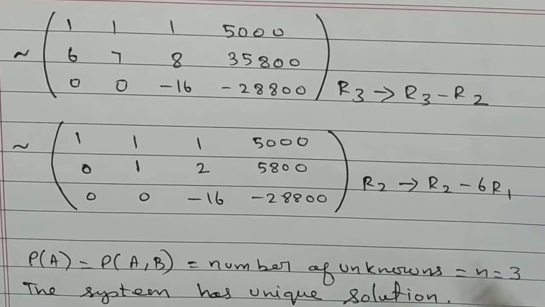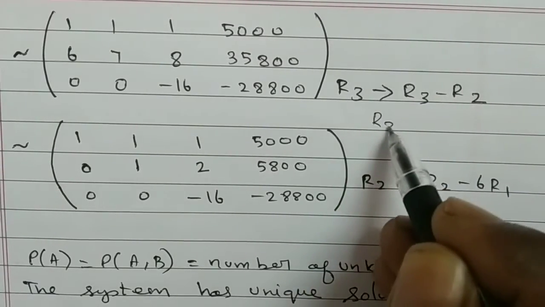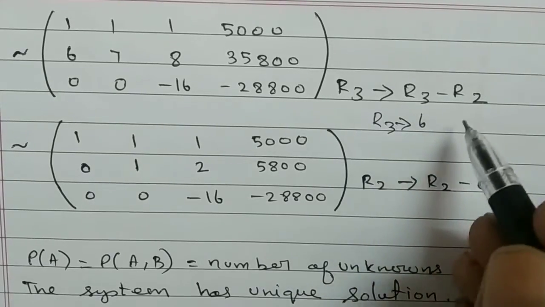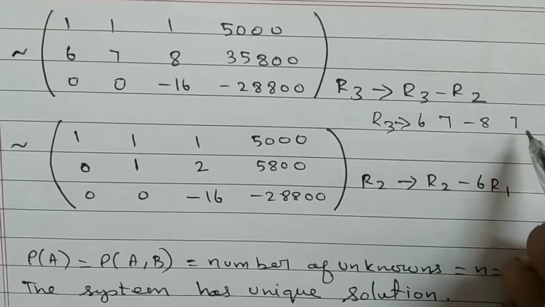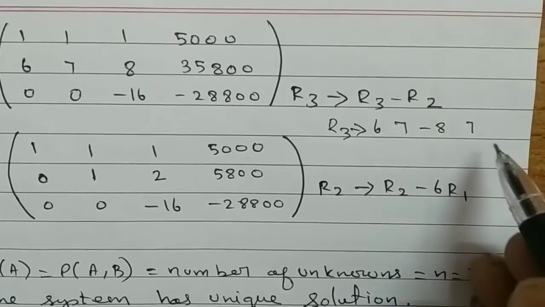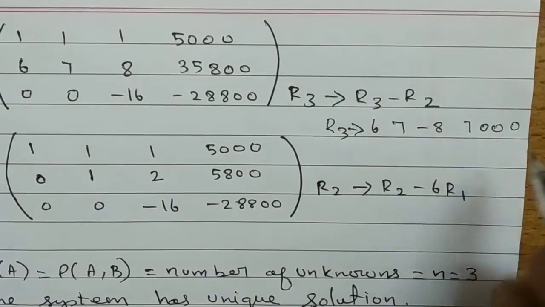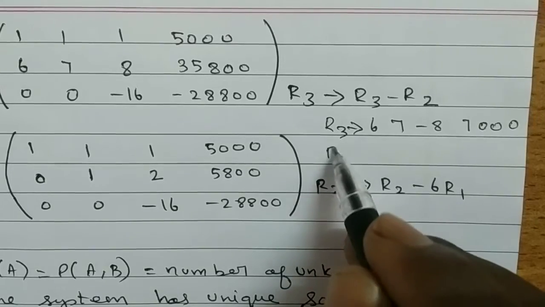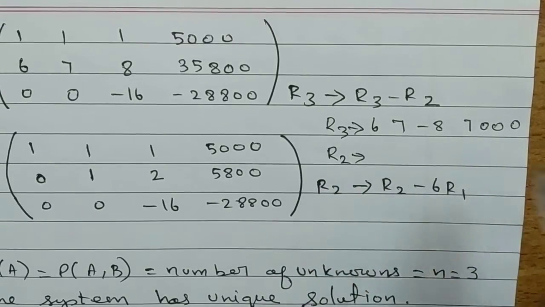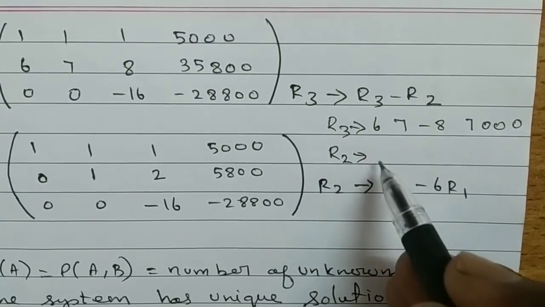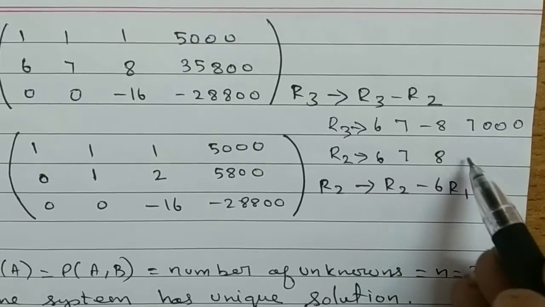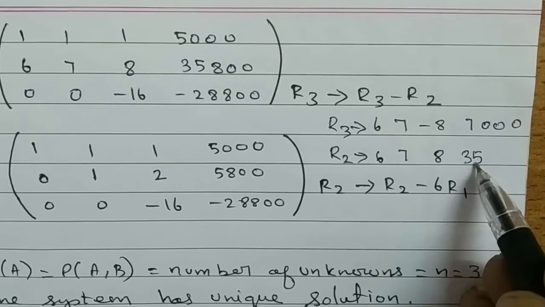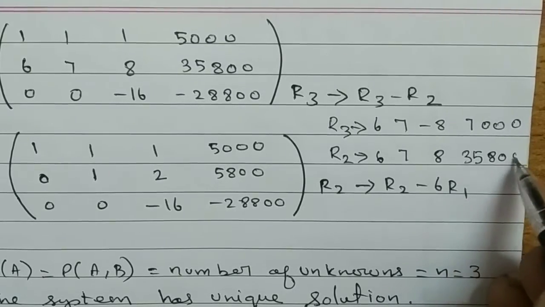R3 is 6, 7, minus 8 and 7,000. What is the R2 value? 6, 7, 8, 35,800.